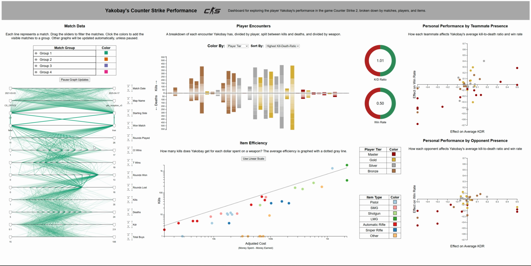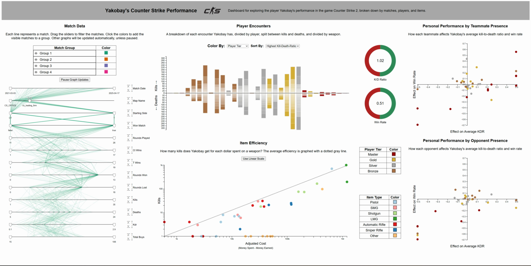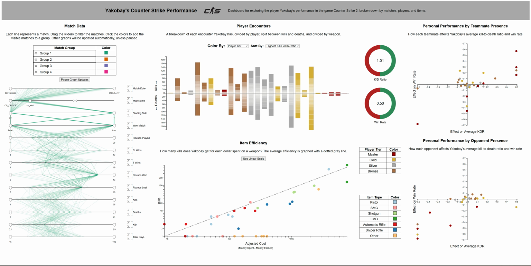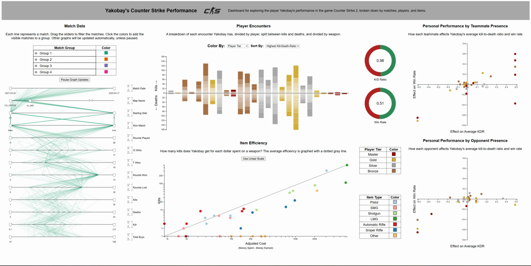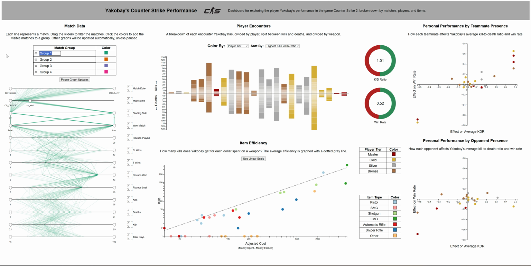So I can look at the different map names and slide that down to divide the map names by the two different types of maps, which are CS maps and DE maps. And I can make that a group.